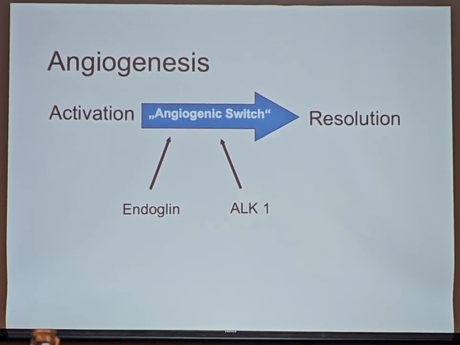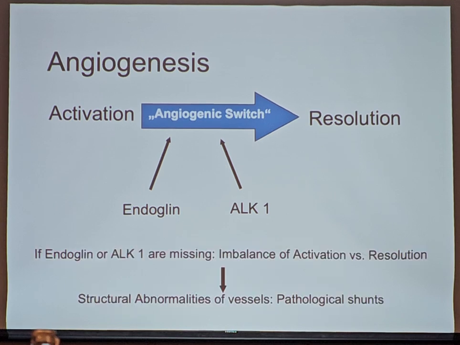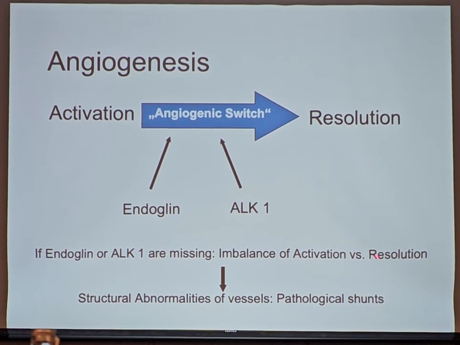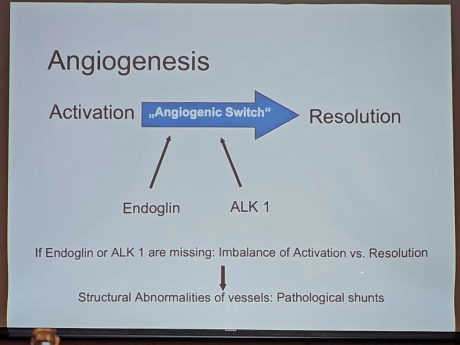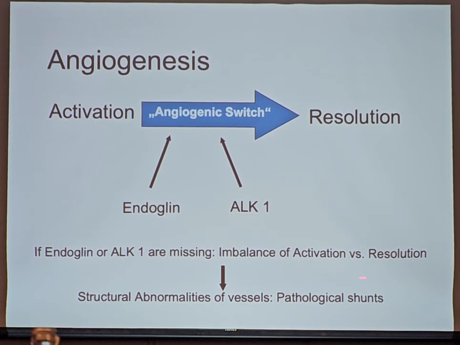And this angiogenic switch is mediated by at least these two proteins, endoglin and ALK1. And if these are missing, you will have an imbalance of activation versus resolution phase. This will lead to structural abnormalities of vessels, and this can cause pathological shunts.